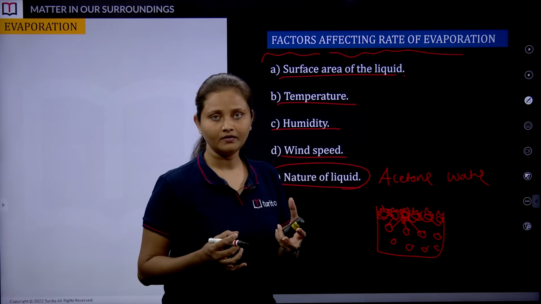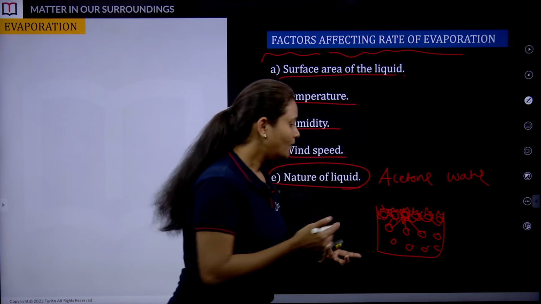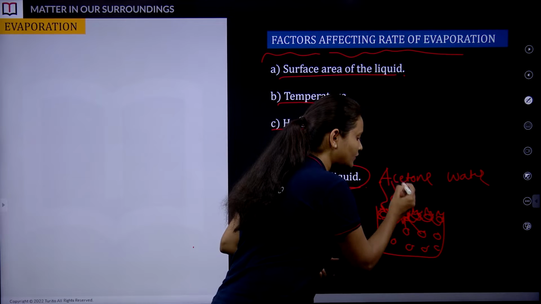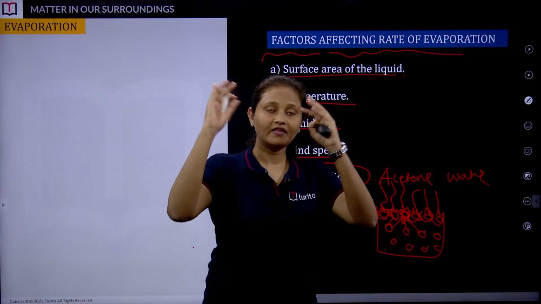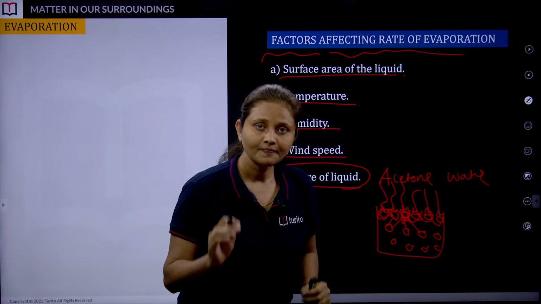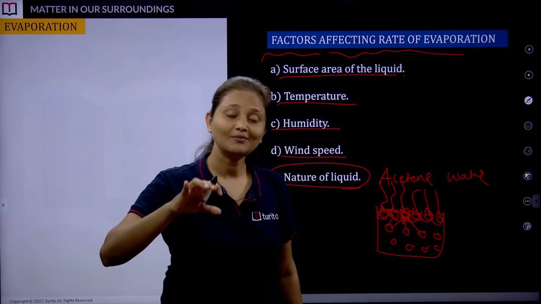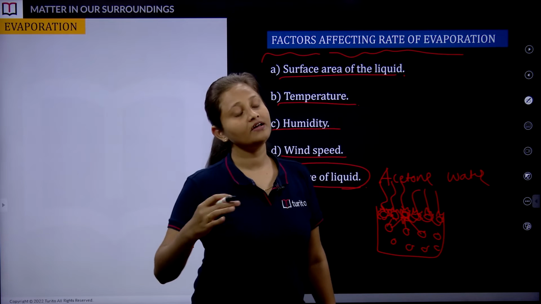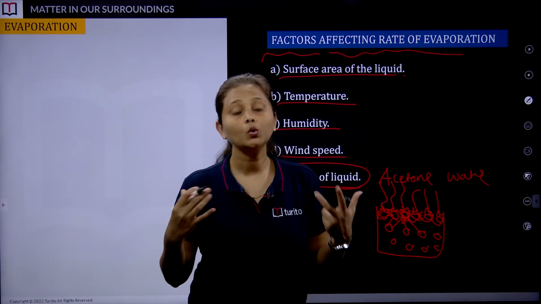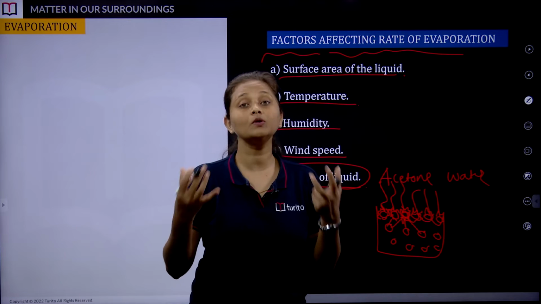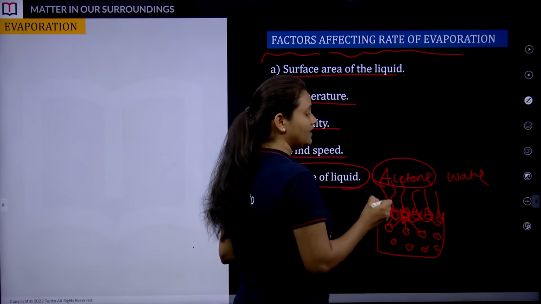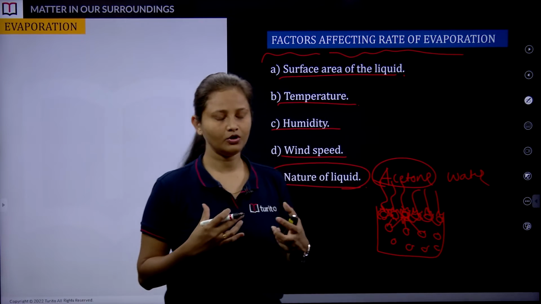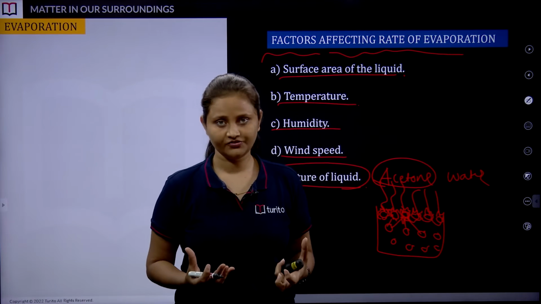Because of the collisions, surface molecules escape and take the energy of the system with them, and then they vanish out. So there is a decrease in temperature, and whenever there is a decrease in temperature, we experience cooling. That is the reason when acetone evaporates, we feel that cooling sensation, correct?